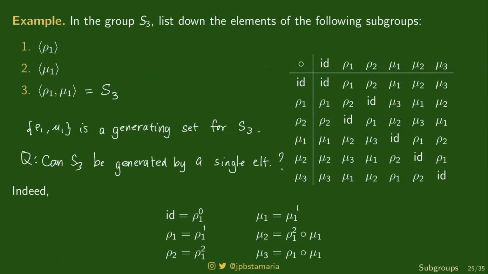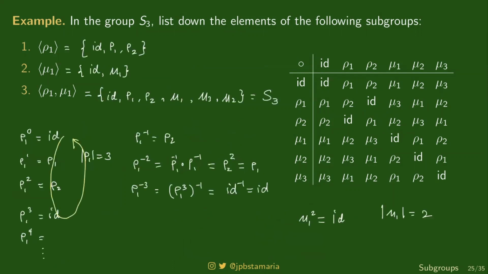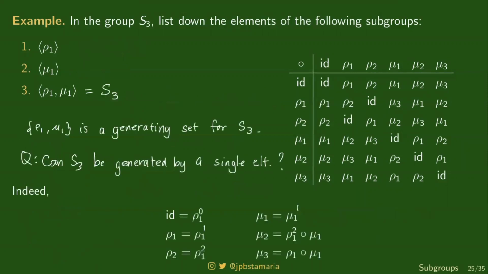Syempre, ang ma-generate ng ID lang. Ang ma-generate ng row 1, kanina kinompute natin, 3. Ang mag-generate ng mu1, dalawa. Ilan kaya mag-generate ng row 2? 6 kaya? Actually, hindi. Kasi ang mag-generate ng row 2 ay yung mag-generate lang din ng row 1, kasi square siya ng row 1 eh.